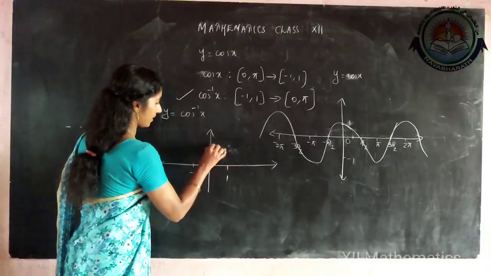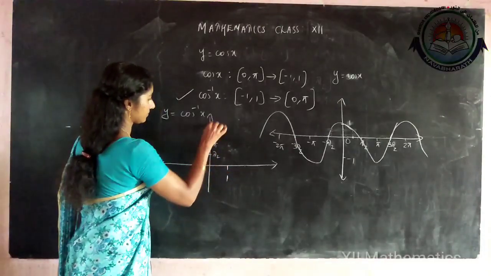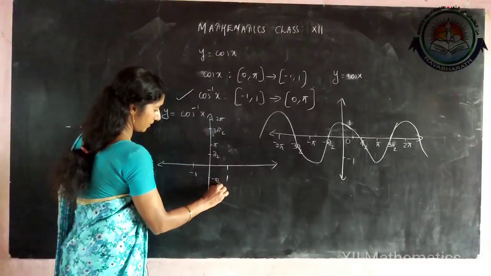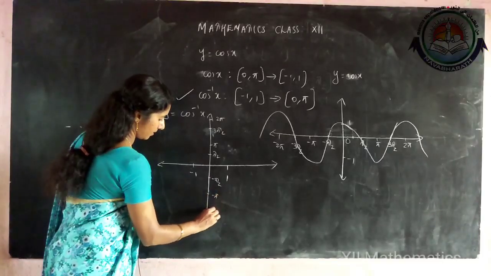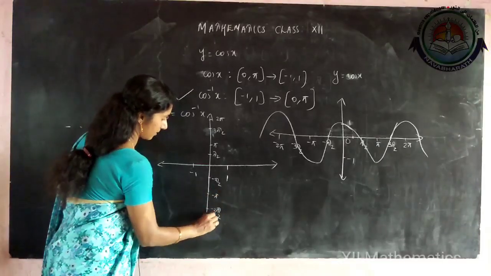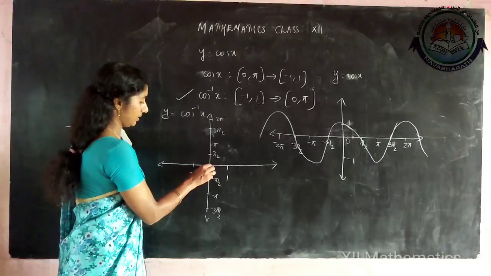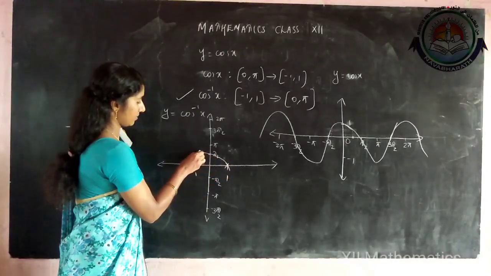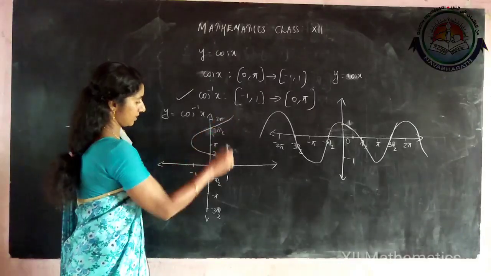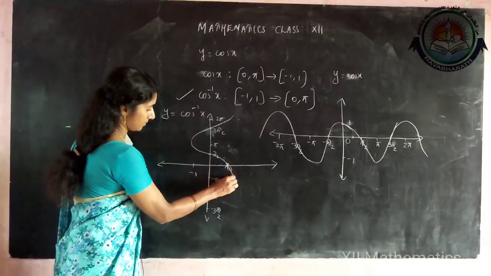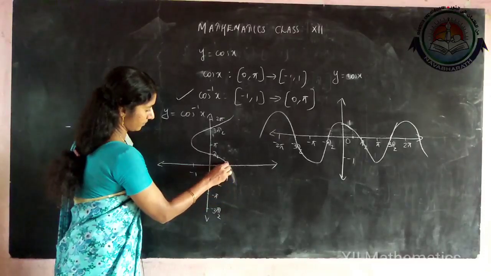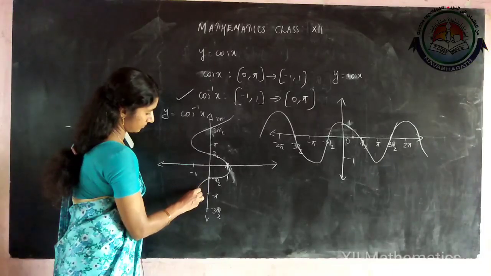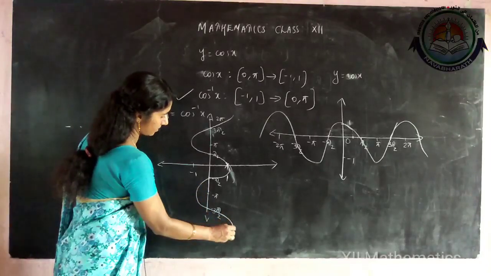On the y axis pi by 2, pi, 3 pi by 2, 2 pi, etc. Here minus pi by 2, minus pi, minus 3 pi by 2, etc. Cos 0 is 1, so here one point. Cos pi by 2 is 0, like this it is going, minus 1, 3 pi by 2, 0, like this.